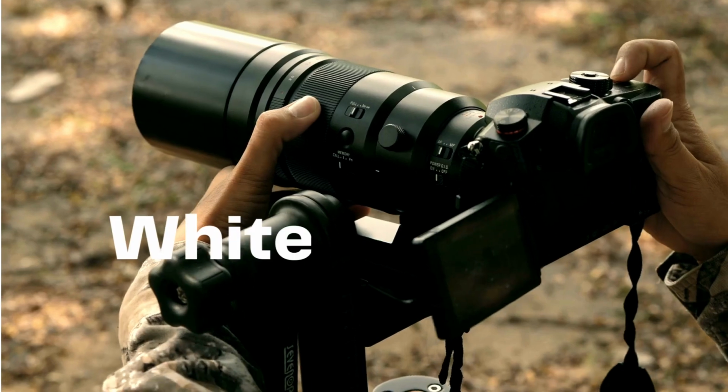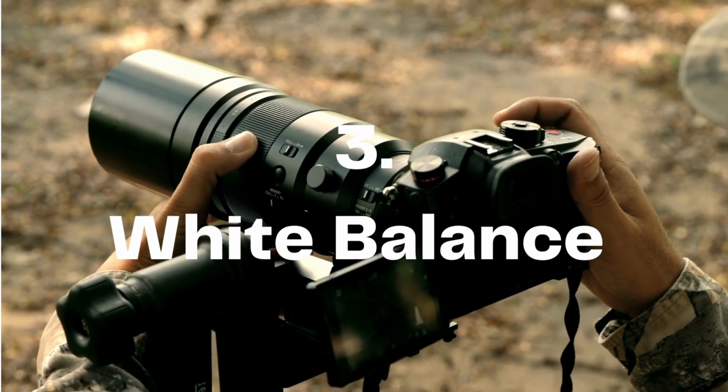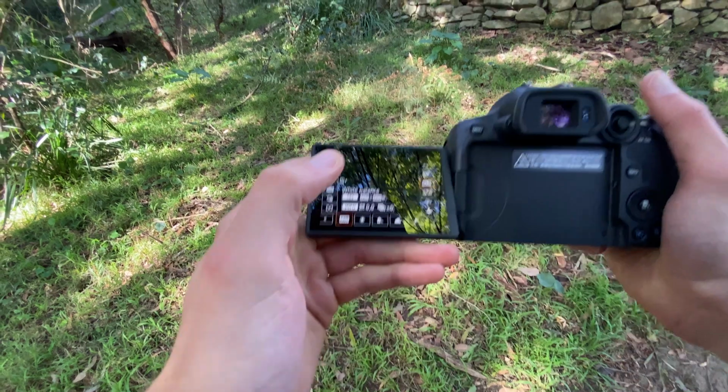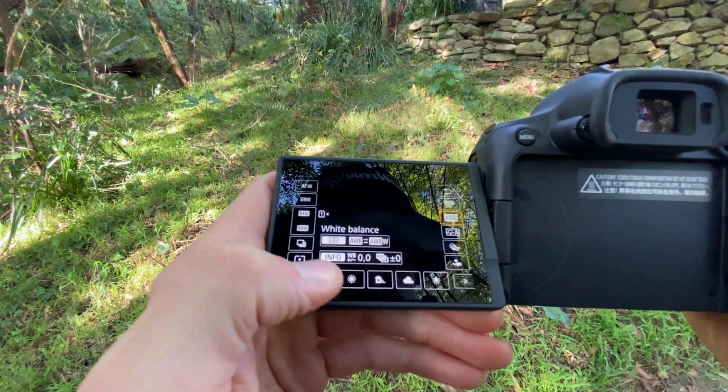Number three, white balance. White balance is very similar to picture profiles, as it's very important in some cases. For example, right now this light is lighting me, and so it's getting the skin tones.